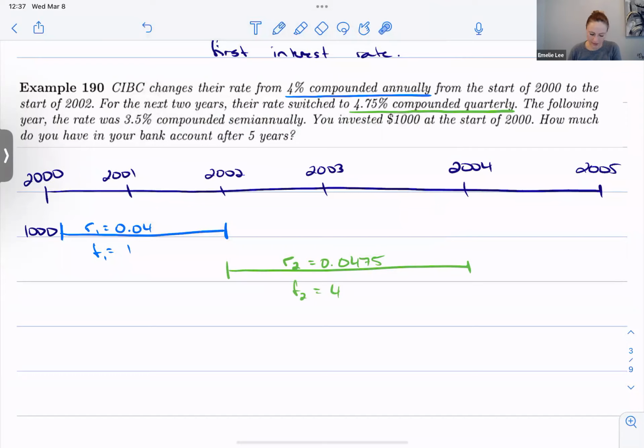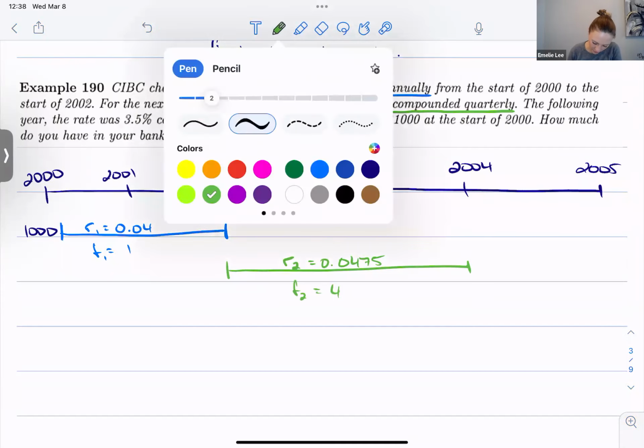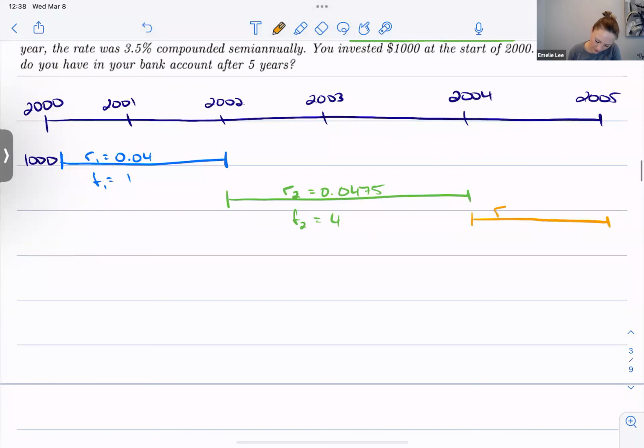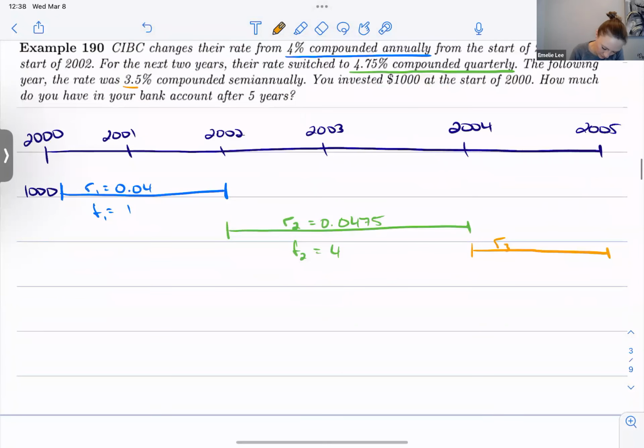The following year, the rate was 3.5% compounded semi-annually, right? And so the following year closes this out, and we are at 2004 to 2005. R3 is 0.035, and F3 is semi-annually, which means it's twice per year.